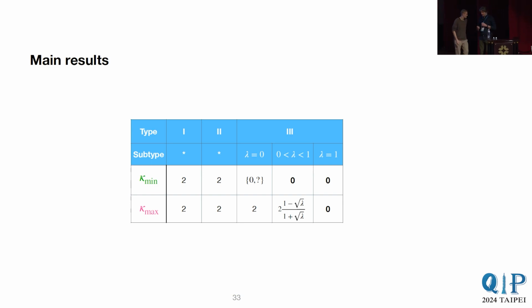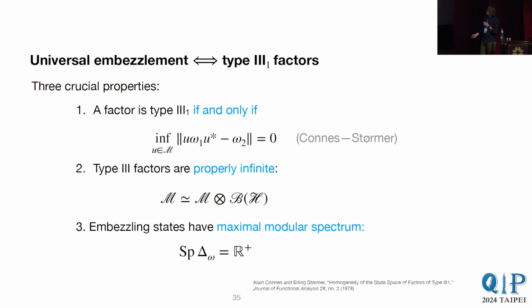Well, thanks, Lauritz. And as Lauritz already mentioned, I want to tell you a bit more about universal embezzlement and why this actually characterizes these type 3 one factors. And by this also address this third question we had, namely whether these systems actually can appear in nature, at least in an idealized form.